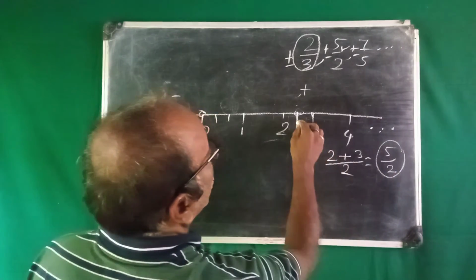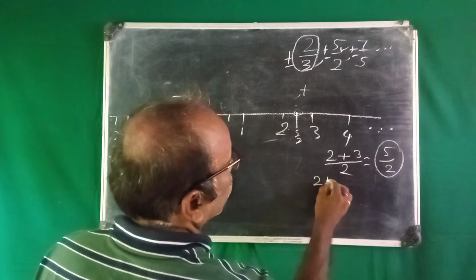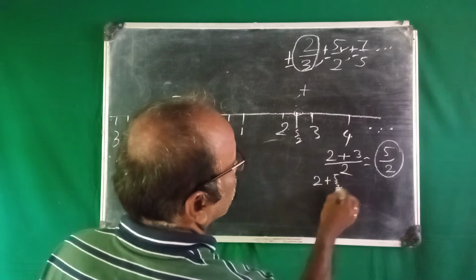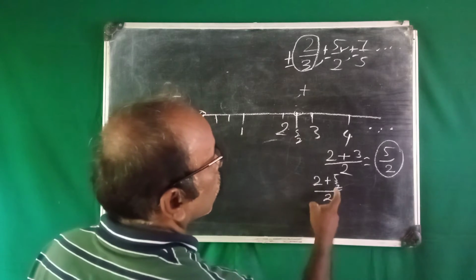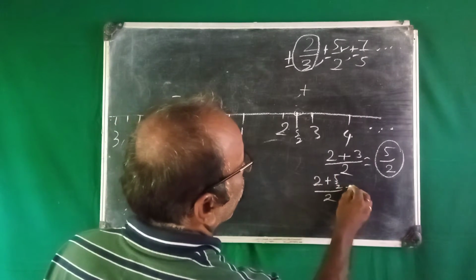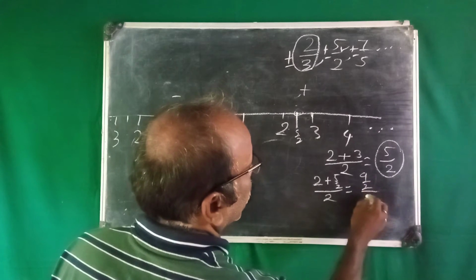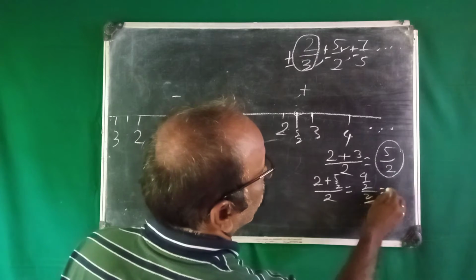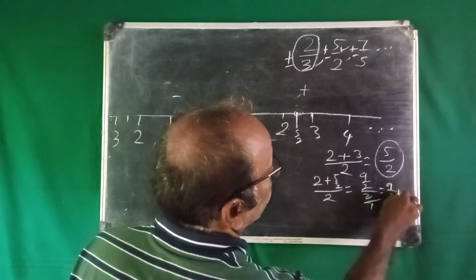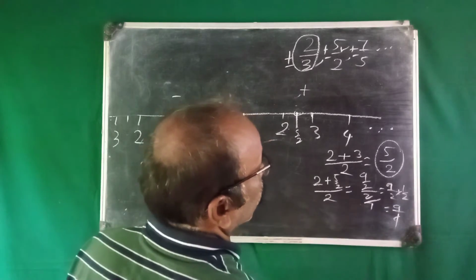Then between 2 and 5/2, we calculate the second rational number. 2 twos are 4, 4 plus 5, that means 9/2 divided by 2/1. 9/2 into 1/2 is equal to 9/4.